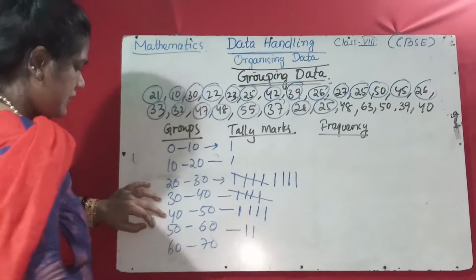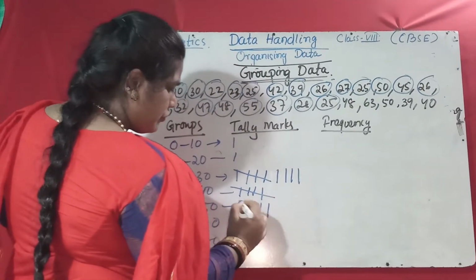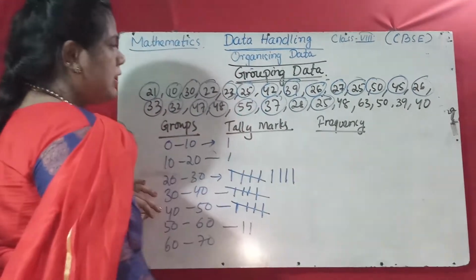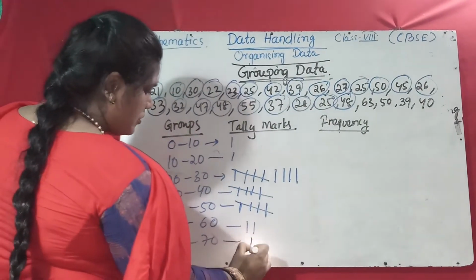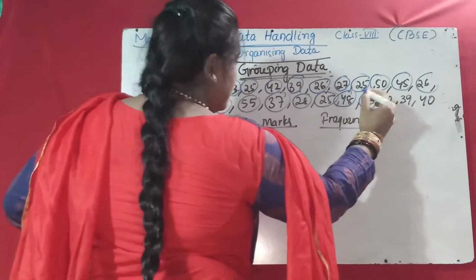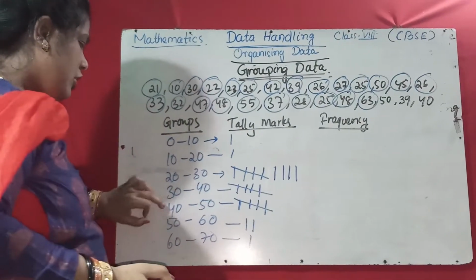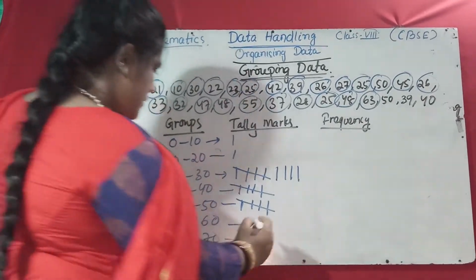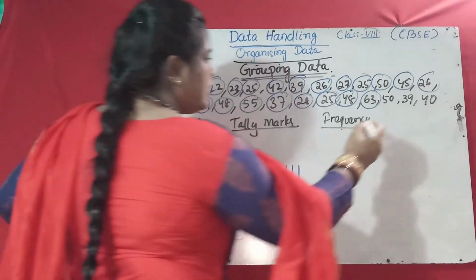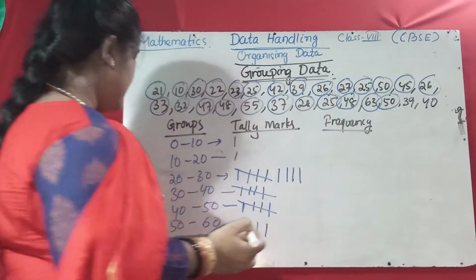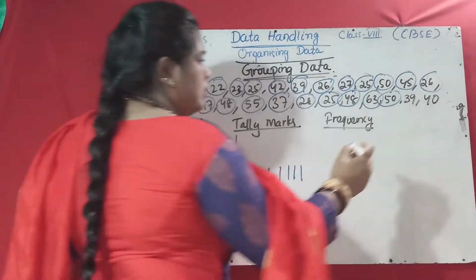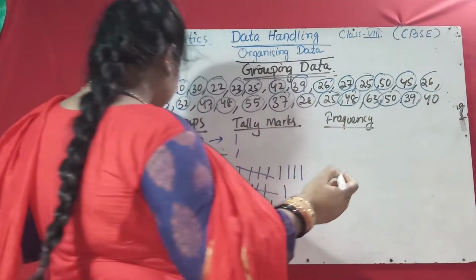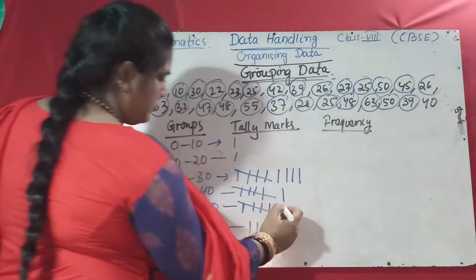And 48, 40 to 50, here already 4, plus another one. 63, 60 to 70. 50, not 40 to 50, 50 to 60. Okay. 39, 30 to 40. Then 40, 40 to 50.